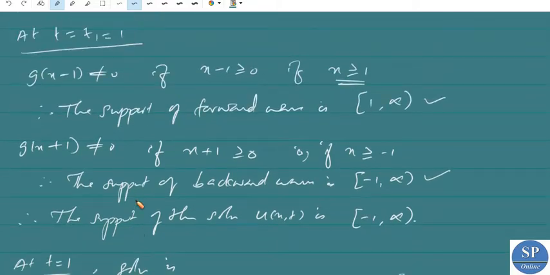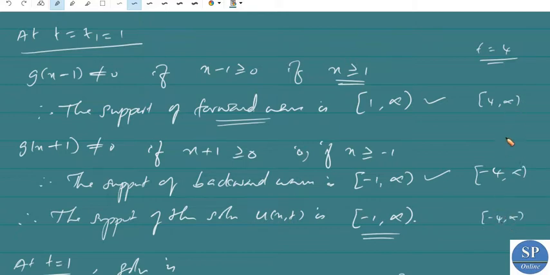The support can be obtained: g of x minus 4 is not equal to 0 if x minus 4 is greater than or equal to 0, that is x greater than or equal to 4, so the support of the forward variable will be 4 comma infinity, and the support of the backward variable will be minus 4 comma infinity, and therefore the support of u is minus 4 infinity, because of the union. You can verify this.